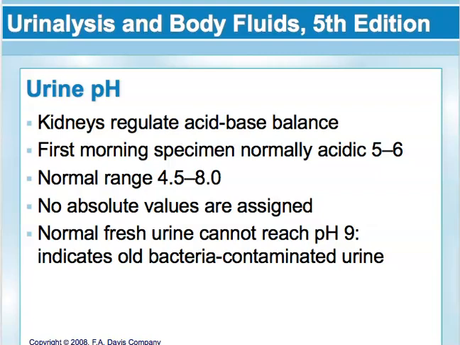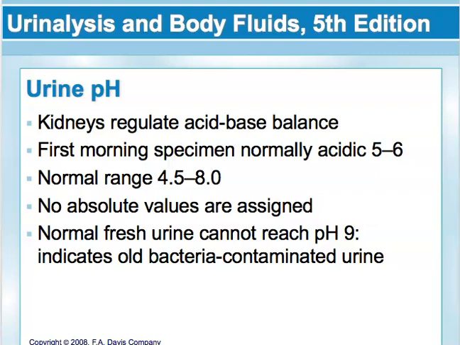I had a urine specimen sent to the lab a few years ago from a patient on the obstetrics floor. The pH of the sample read 9.0. My first instinct was to think, okay, that specimen was collected a few hours ago. It's been sitting on the floor, left out at room temperature, and it's an old specimen.